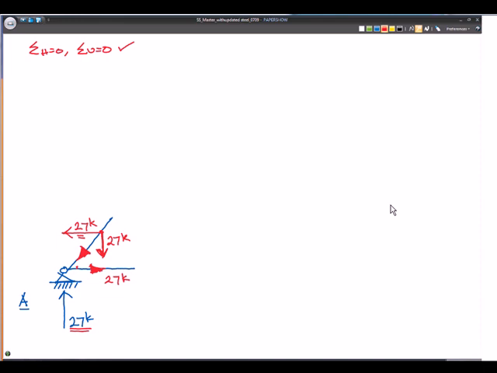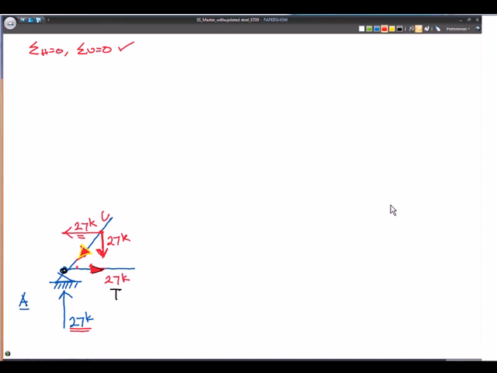The bottom chord is pulling on the joint, so it's tension. If it's pulling on the joint, it's tension, and if it's pushing on the joint, it's in compression. So that one has to be in compression.